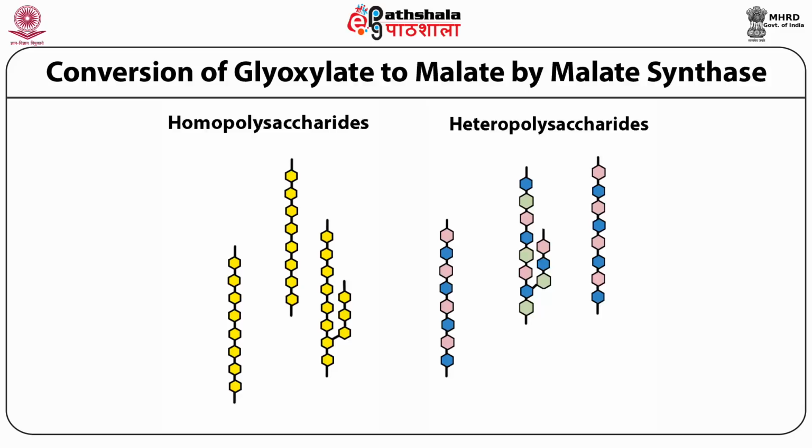Hetero means more than one kind. In the figure, the yellow structure shows the monomeric unit of a homopolysaccharide. In the same way, the different colored hexagonal structures show the different types of heteropolysaccharide.